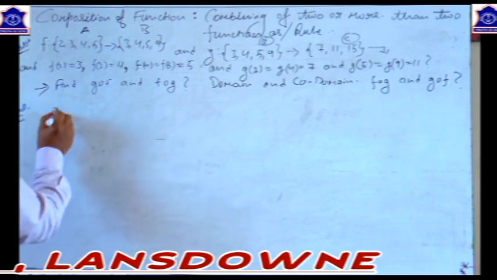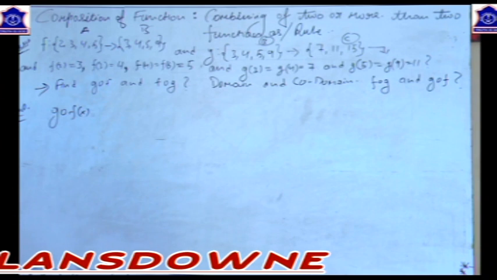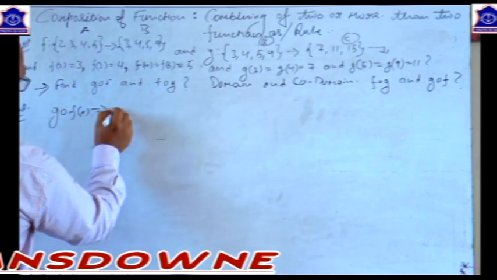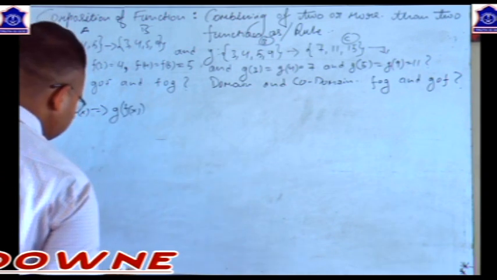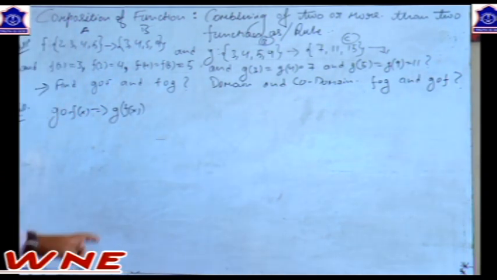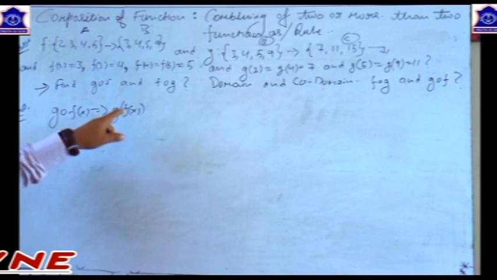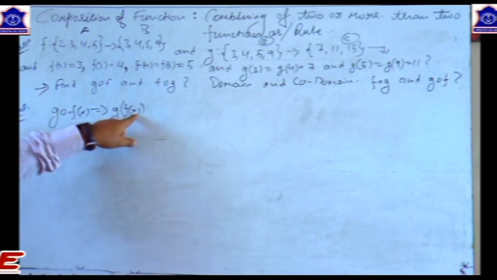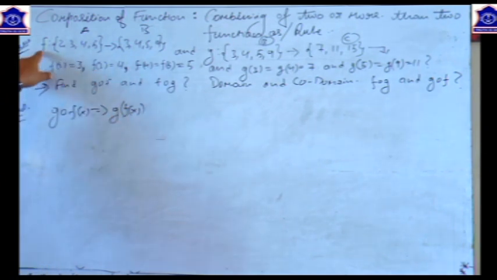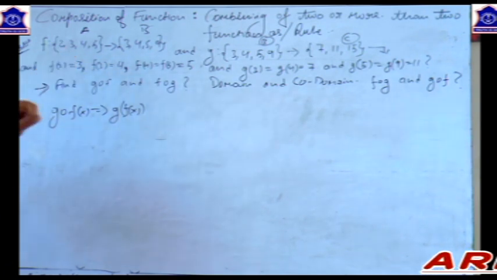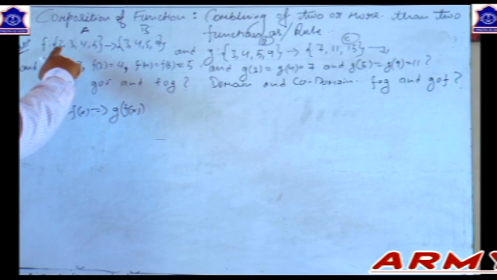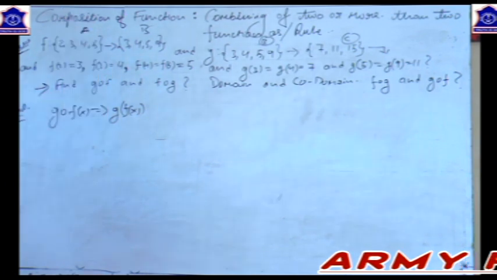Coming to the point, first of all we have g o f of x. g o f of x implies g of f of x, which means that you are going to give the values to this x from the domain of f, that is set A. That is, you give x the values 2, 3, 4 and 5.